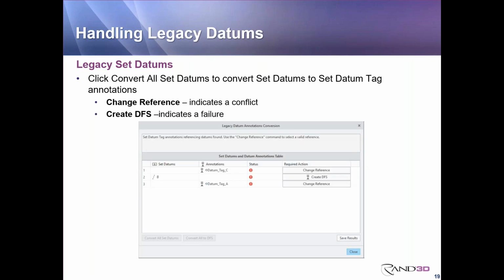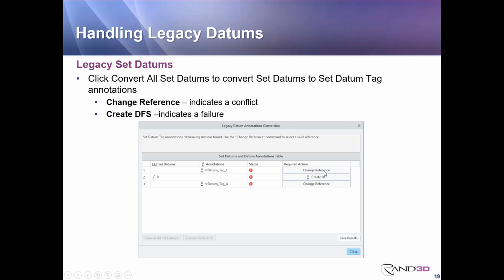If you click the convert all set datums option to convert set datums to a set datum tag annotation, if you notice the required action change reference, that indicates that there's a conflict.